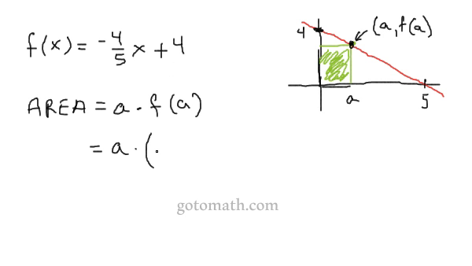So this becomes negative 4/5 A plus 4. And that's our area. And of course this is what we want to maximize. So now what we're going to want to do is take the derivative of this, set it equal to 0, and solve for x.